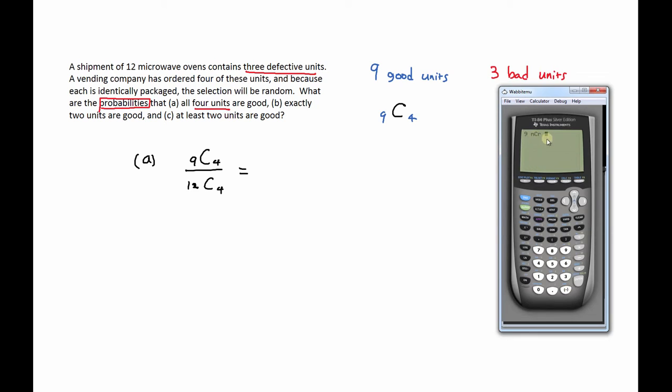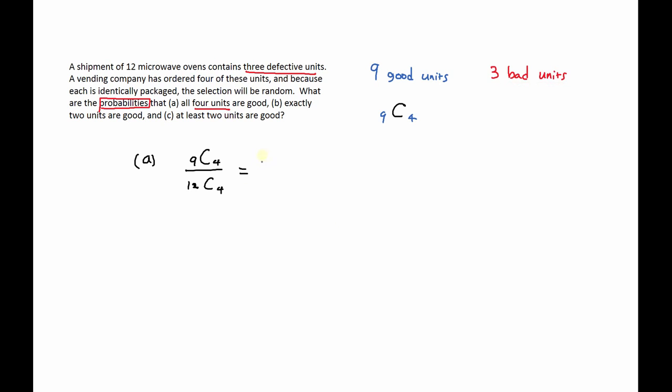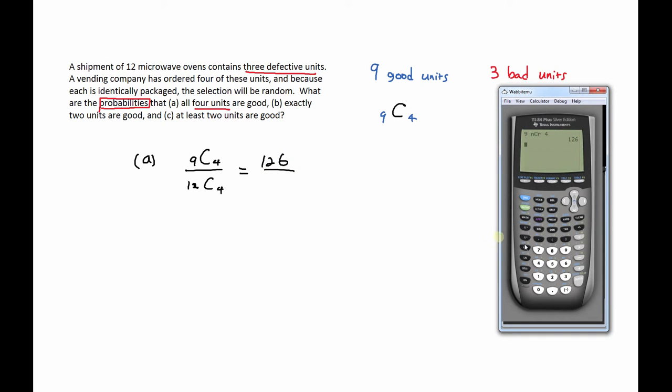Then you get the nCr. That's the combination you see here. So 9 nCr 4, and you're going to get 126 on the numerator, and on the denominator you're going to put 12, and then go to math again, and then go to the probabilities and press 3, and you press 4 there, and you get 495.